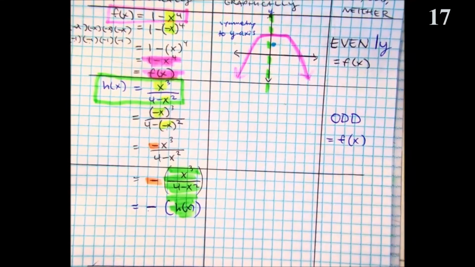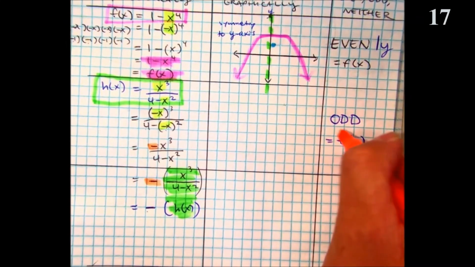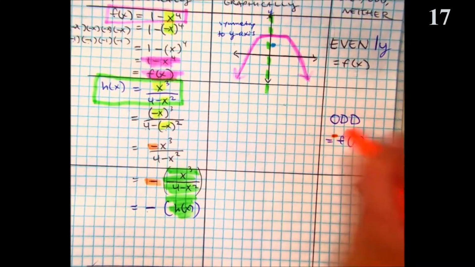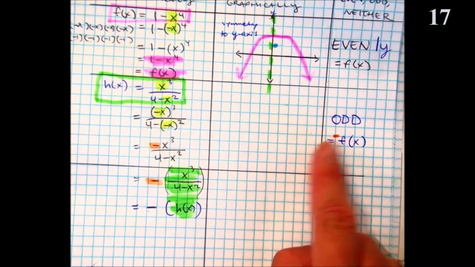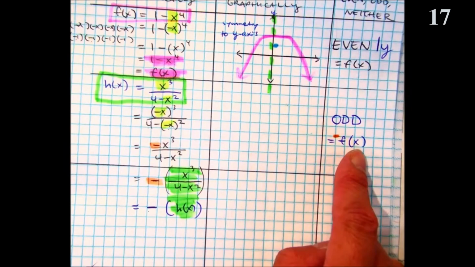And I forgot the minus sign. Odd equals the opposite of f of x. Do you see that? Let's go ahead and graph it.